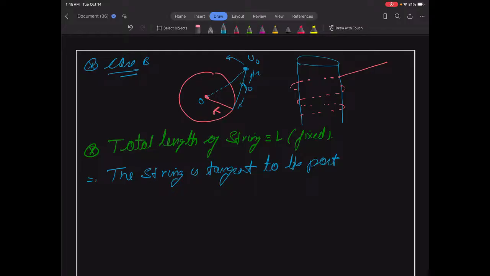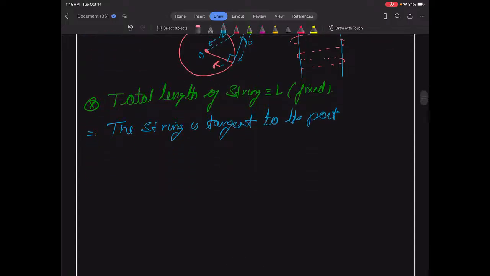So this is our free length, and this is our R, and the distance of this mass to the center is our small r. So R is the radius, the string is acting as a tangent, so this angle will be 90 degrees. So from here we can say that the radial distance r from the center will be equal to the square root of R square plus L naught square.